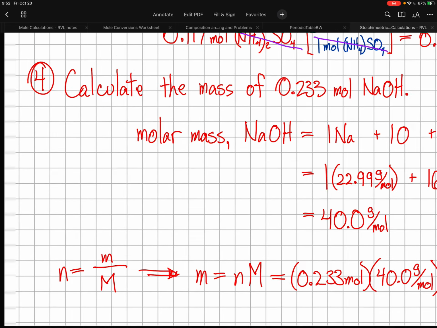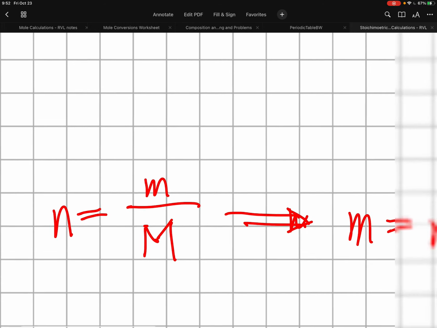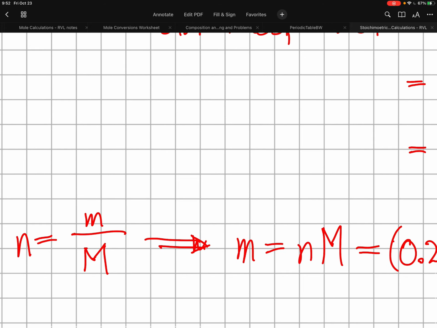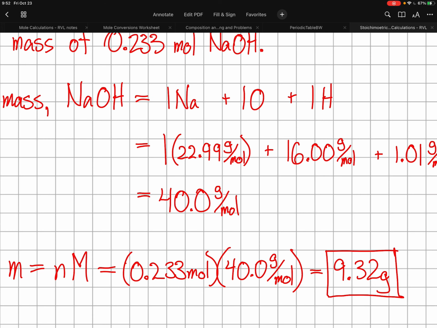Okay, last step, we need to calculate a mass here. So we rearranged the equation that I showed you before, where the number of moles is equal to the mass of the substance divided by the molar mass of the substance. And we solve here our equation for M. And then we plug in our values, 0.233 moles times 40 grams per mole.